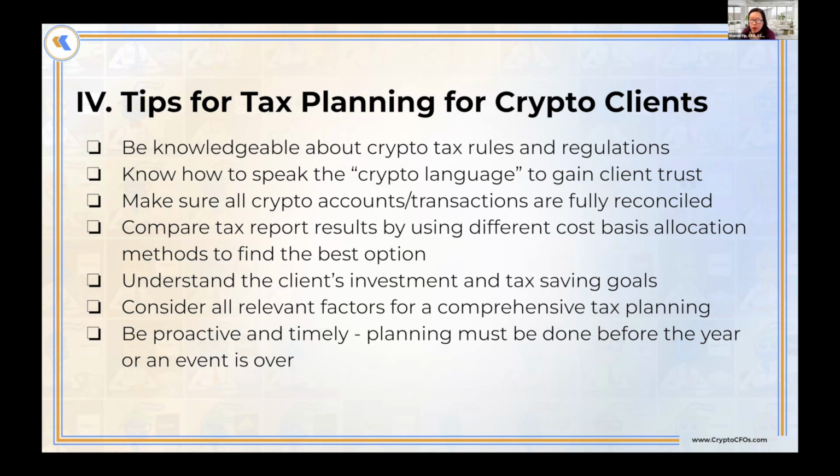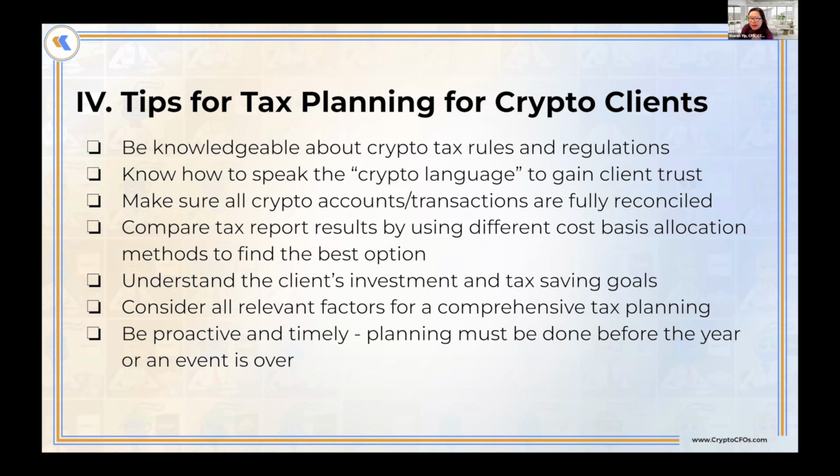For our firm, we have a standard procedure at the end of every crypto account reconciliation project to generate different versions of the tax report by using different cost basis allocation methods in the crypto tax software that we use, to compare the results and see which allocation method is the best option for the client.